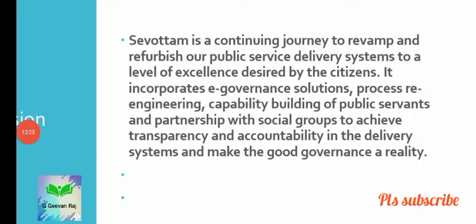The Sevattom model incorporates e-governance solutions, process re-engineering, capability building of public servants, and partnership with social groups to achieve transparency and accountability in the delivery systems and make good governance a reality. So, the Sevattom model aims to incorporate various components. One of the components is e-governance.